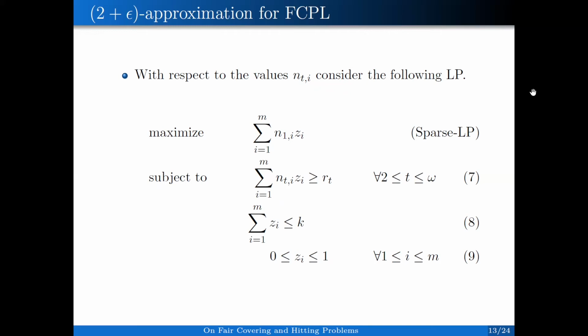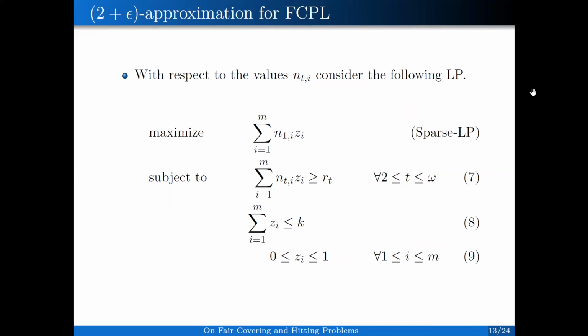And in this LP, we don't have any variable corresponding to the points. The second constraint says that the number of lines that you can take, or summation of Zi, is at most k, where k is the cost of the previous LP, which is at most a factor of 2 of the optimal cost, as we have seen before.